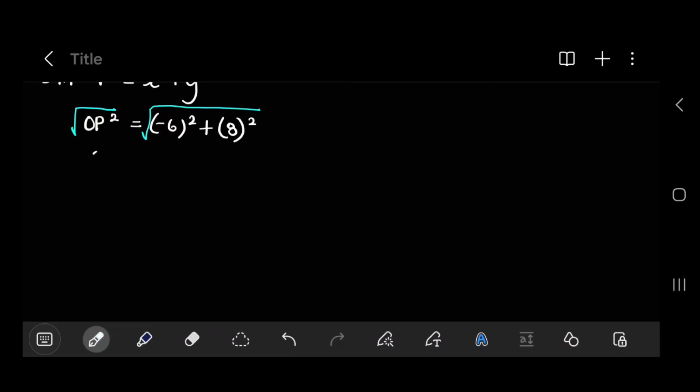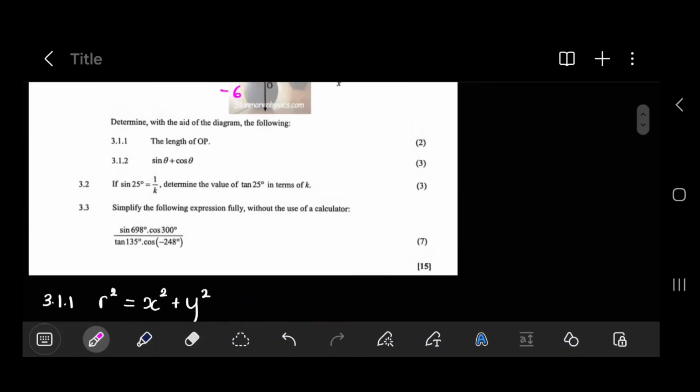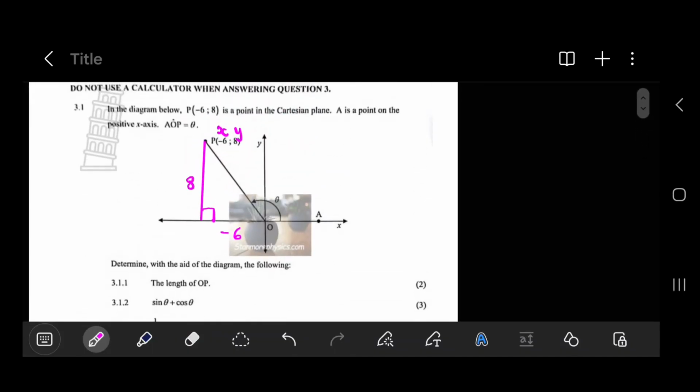So on the left, we have OP, and on the right-hand side, when we calculate this, you get 10. Now remember, OP, which is the hypotenuse, is representing a length, so it's actually going to be 10 units. So that we can actually fill in on the diagram. So here we have 10.